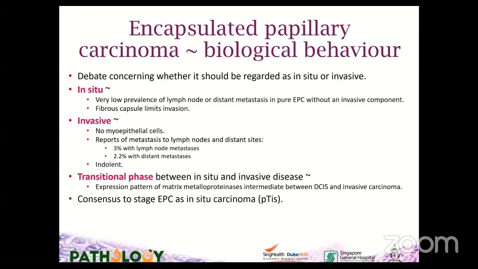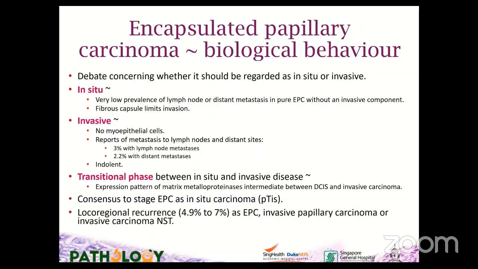The current consensus by the WHO is to stage encapsulated papillary carcinoma as in situ disease, that is pTis. Local regional recurrences, reported ranging from 4.9 to 7%, occur as either encapsulated papillary carcinoma, invasive papillary carcinoma, or invasive carcinoma of no special type.